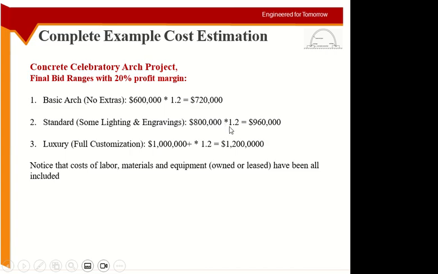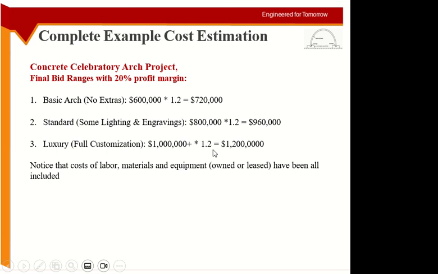And if you add the 20% to 800,000, you will have this much cost. And if you do full customization and add everything, then with the 20% added it will be 1.2 million. So this is how much the cost can change with the extra items.